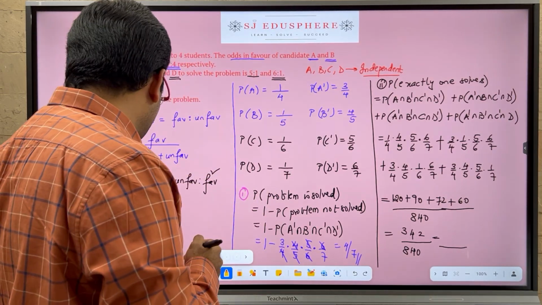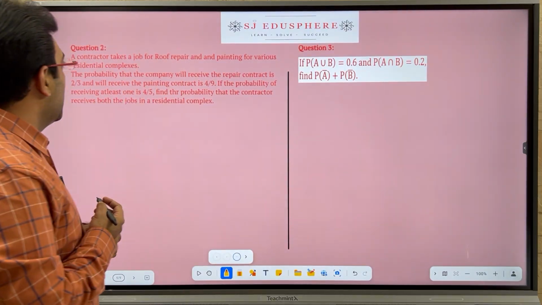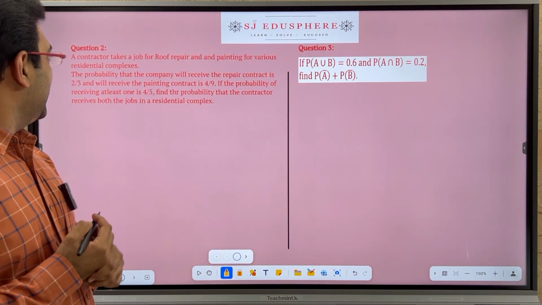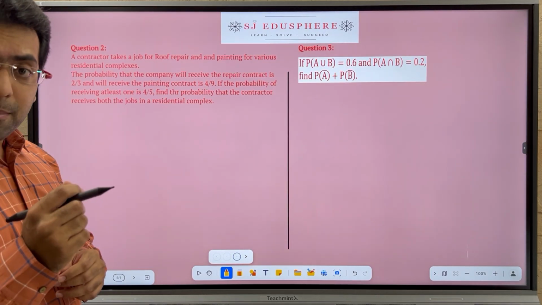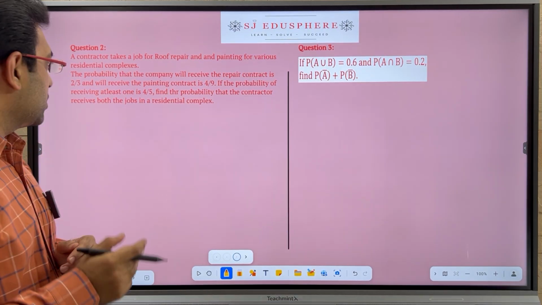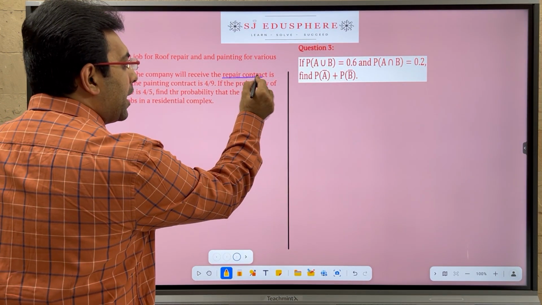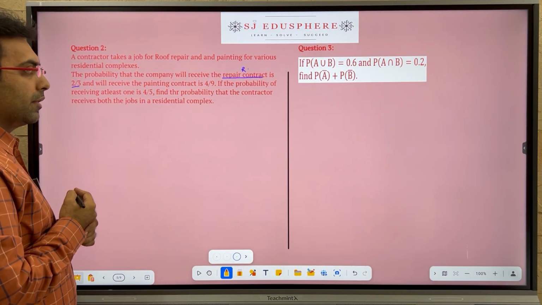Let us look at the next sum. My question says, a contractor takes up a job of roof repair and painting for various residential complex. Get the grammar in place. Read, understand, then put a notation. The probability that the company will receive the repair contract, which I'm calling as R, is 2 by 3.